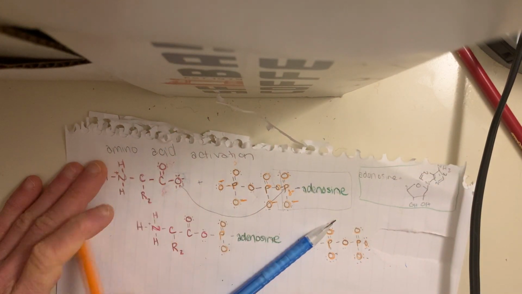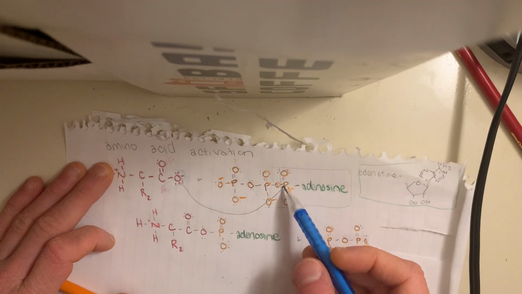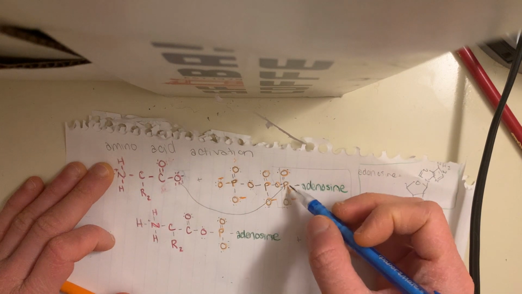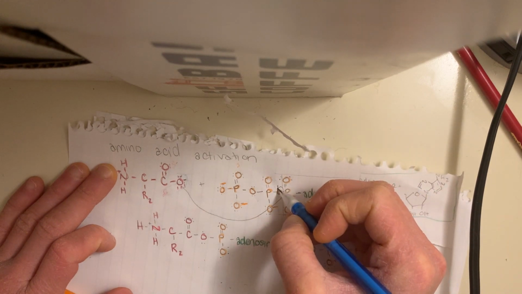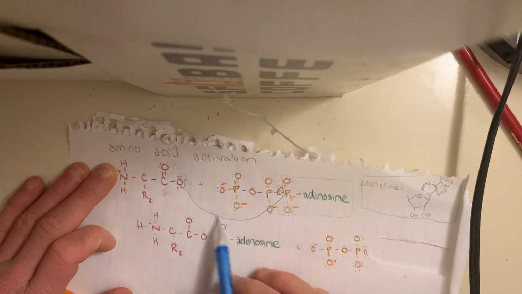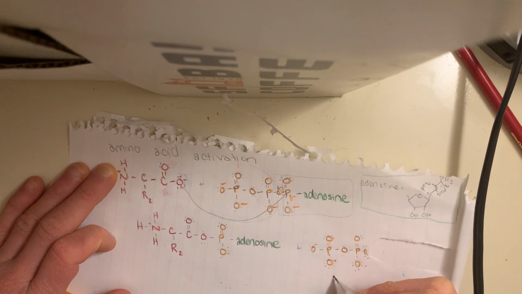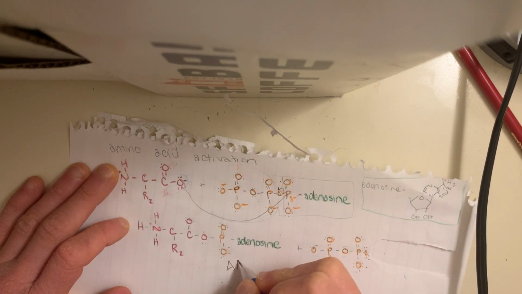And so you have this negative, you have this positive, you have this lone pair, so you can get this attack. When you get this attack, this is going to go here, and this is leaving as PPi, and you have your AMP.